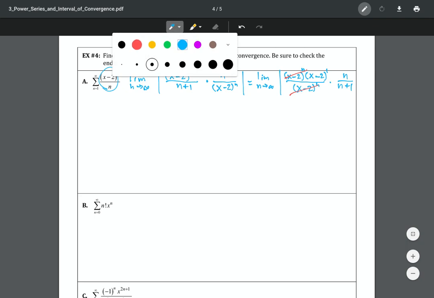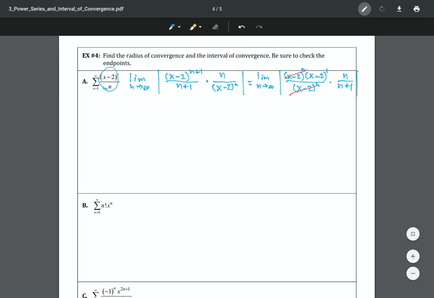So what I end up with is the limit as n goes to infinity of, and I'm going to write it in a strange way, so hang in there. I'll write that like this.